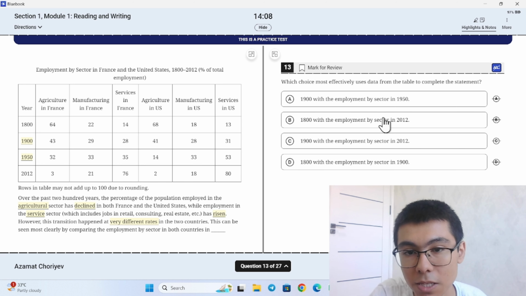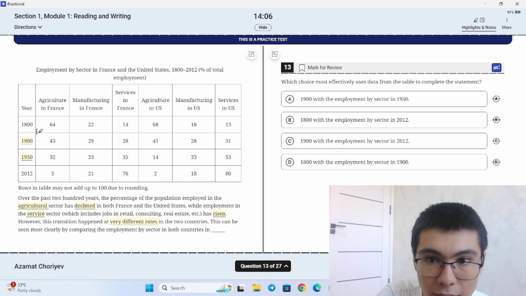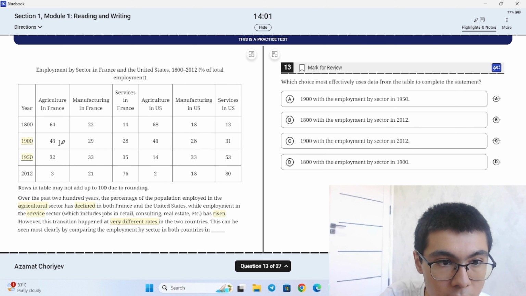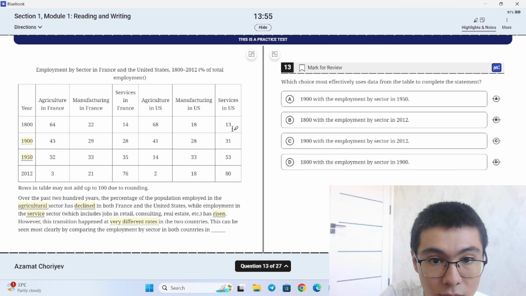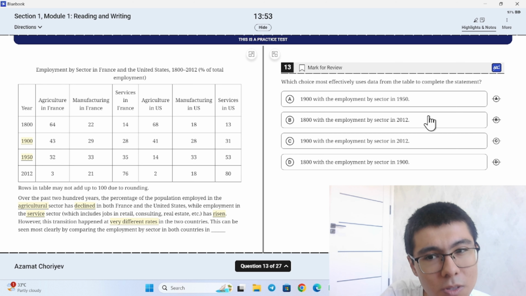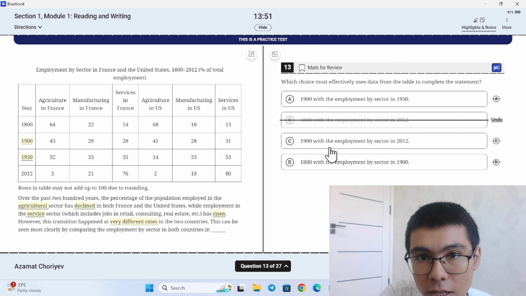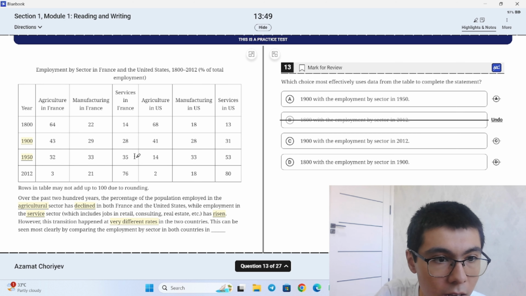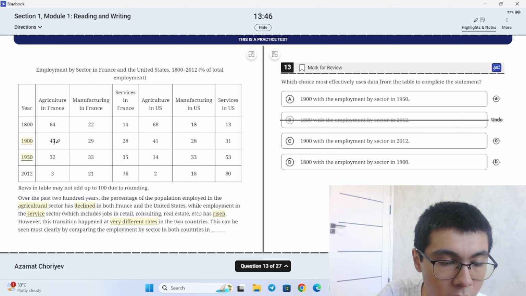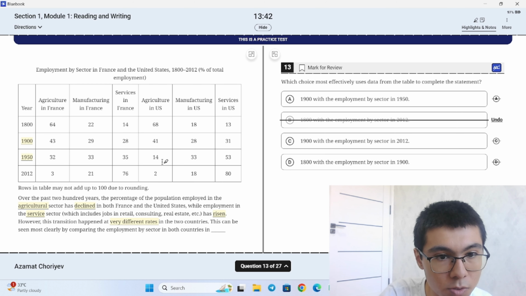So let's have a look at B, C, and D as well. 1800 and 2012. From 64 to 3, 68 to 2. No, they're almost the same. 14 to 76, 13 to 80. Almost the same. So B is wrong. 1900 with 2012, 43 to 3, 41 to 2.